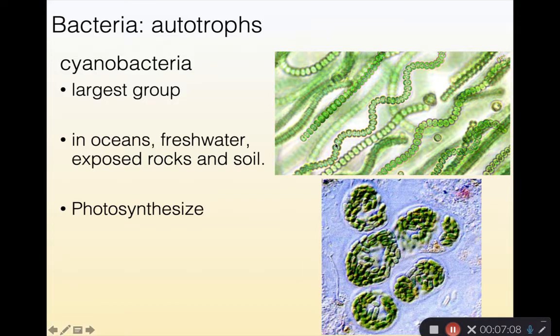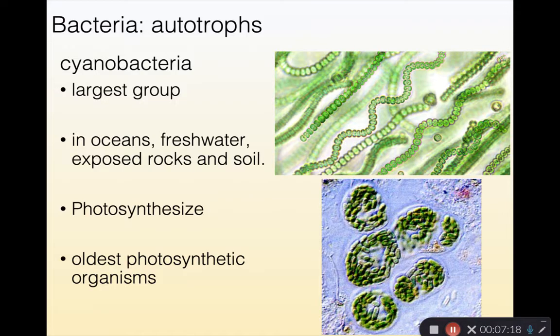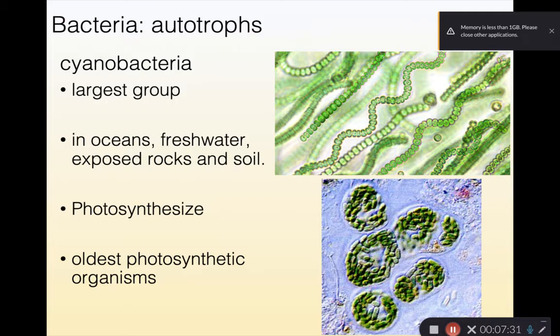And cyanobacteria are indeed the oldest photosynthesizers on the planet. And what's interesting, particularly about these cyanobacteria, is it's hypothesized that the first plant cells actually engulfed cyanobacteria, and that's how they were able to start photosynthesizing.